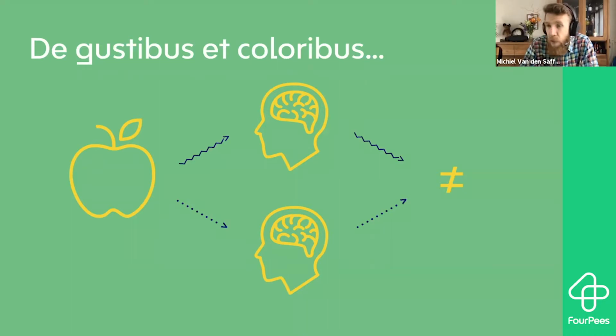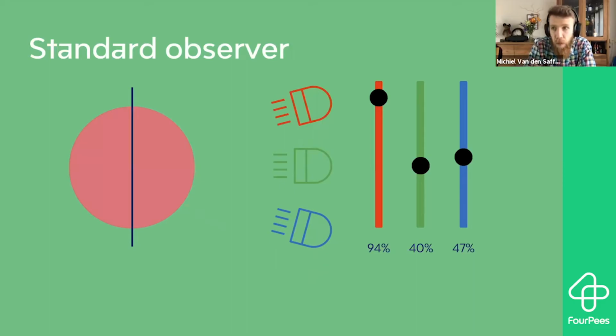So we have to do something to average that out, to know what an average human would see color as. And that's where the CIE Standard Observer comes in. Now, what they did in 1931, around that time, they did a whole lot of tests to see how people would identify color.